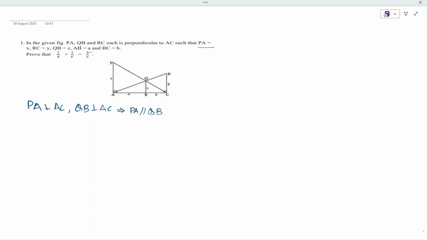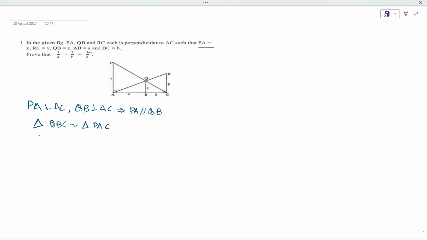PA parallel to QB, it means triangle QBC similar to triangle PAC. Since we know that two triangles are similar, then their corresponding sides are proportional.